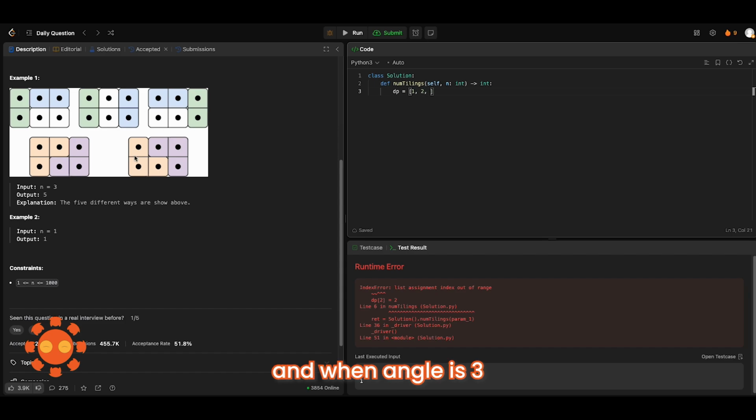And when n equals 3, the example shows us that the output is 5. The rest of the list will be 0 as we haven't calculated it. Here the list has a length of n, where the index shows the ways we can tile the exact n input.